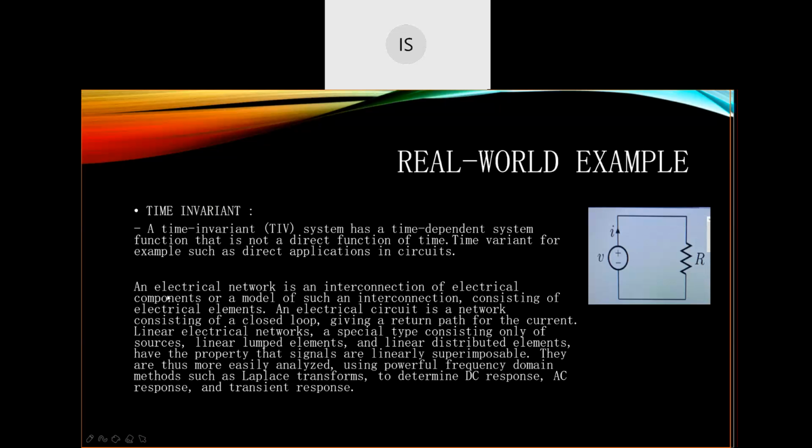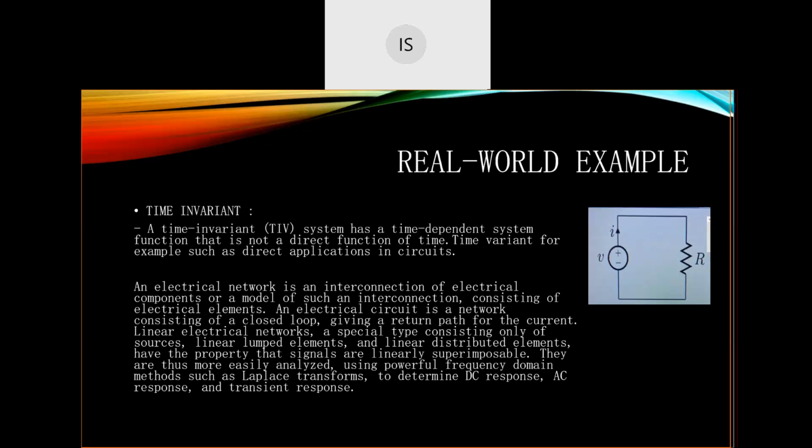On the right, we can see a simple circuit. An electrical network is an interconnection of electrical components, or a model of such an interconnection consisting of electrical elements. An electrical circuit is a network consisting of a closed loop giving a return path for the current.